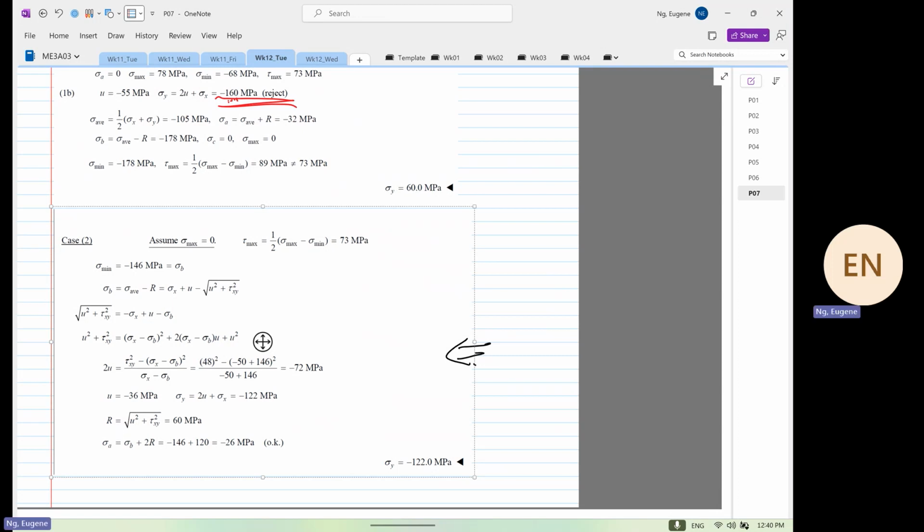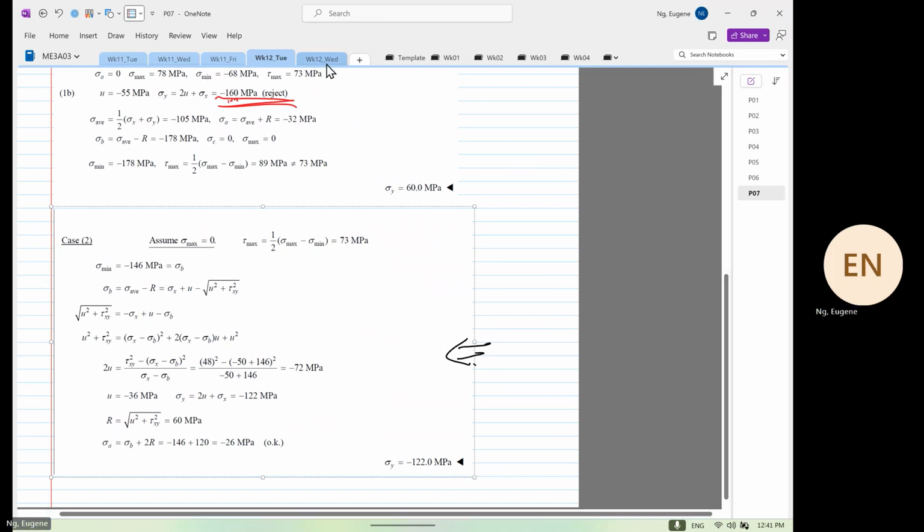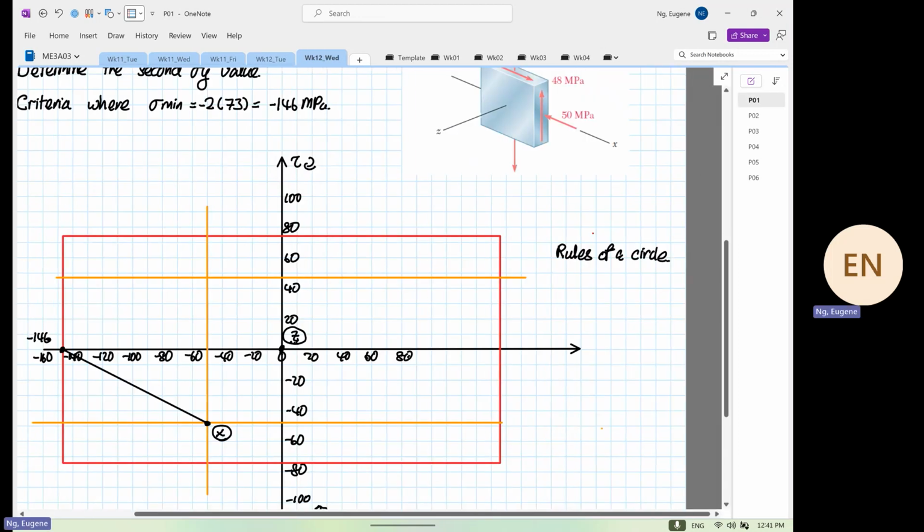So what do you prefer? Rules of the circle, yes or no? Looking at equations like this takes too long to figure out. In fact, these equations down here also use the rules of the circle. Why not just construct it using Mohr's circle? Yes or no?